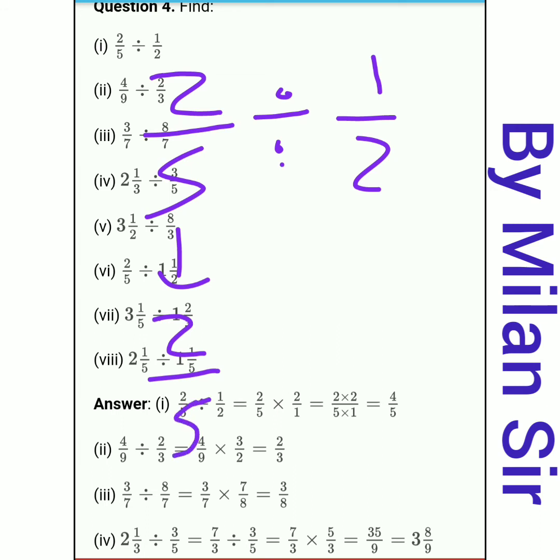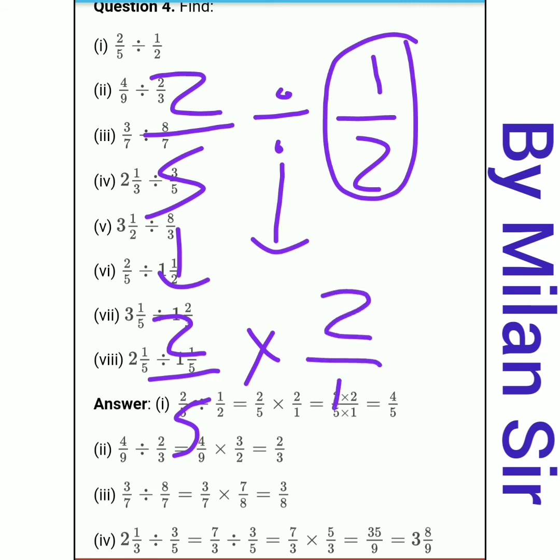Then the division becomes multiplication, and in the second number we need to write the reciprocal. We need to take the reciprocal of 1 by 2. So the reciprocal of 1 by 2 is 2 by 1.